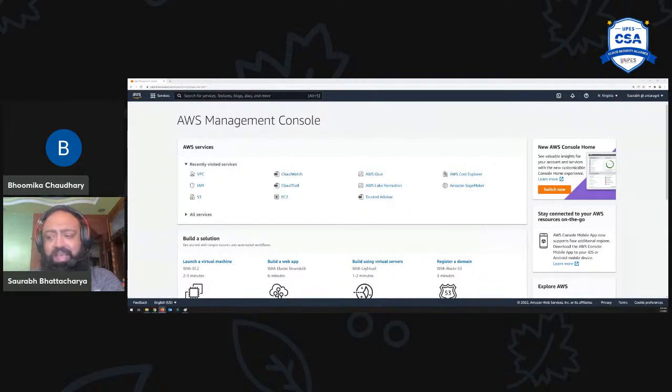What I thought for today's session was to start from the basics, from the networking perspective. Because when you log into the AWS platform, you get a default VPC, or virtual private cloud, and then you can launch your EC2 instances inside it, and you can pretty much do anything you want.